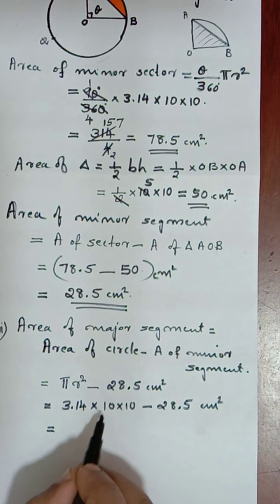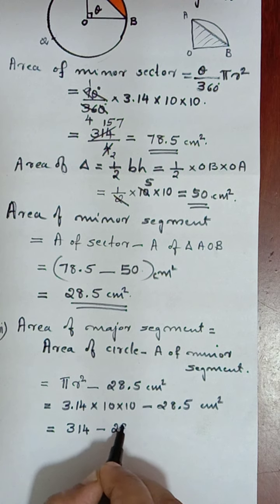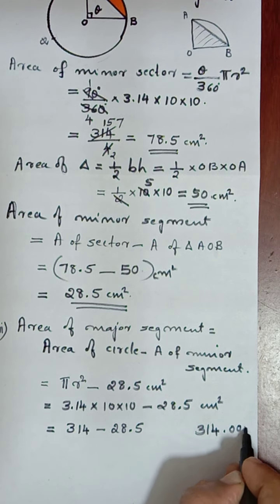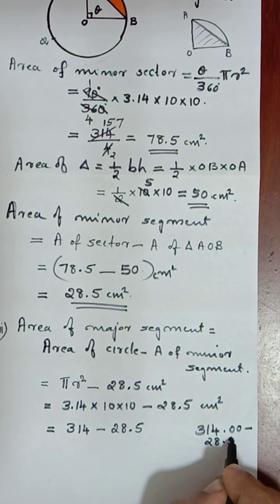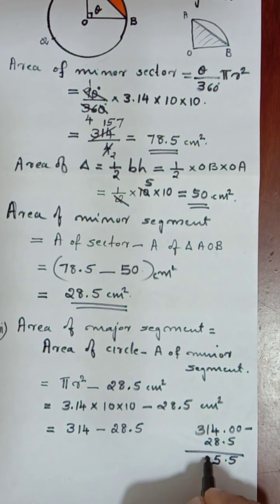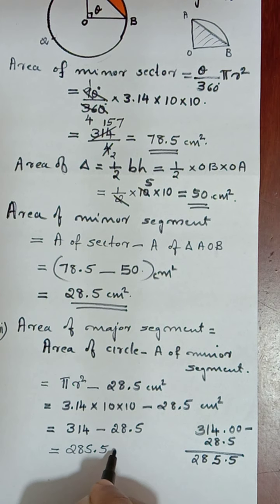So multiplication is easy here. 10 tens 100, removing the decimal, 314 minus 28.5. So subtract and get the answer. 285.5 cm square. That is the area of the major segment.